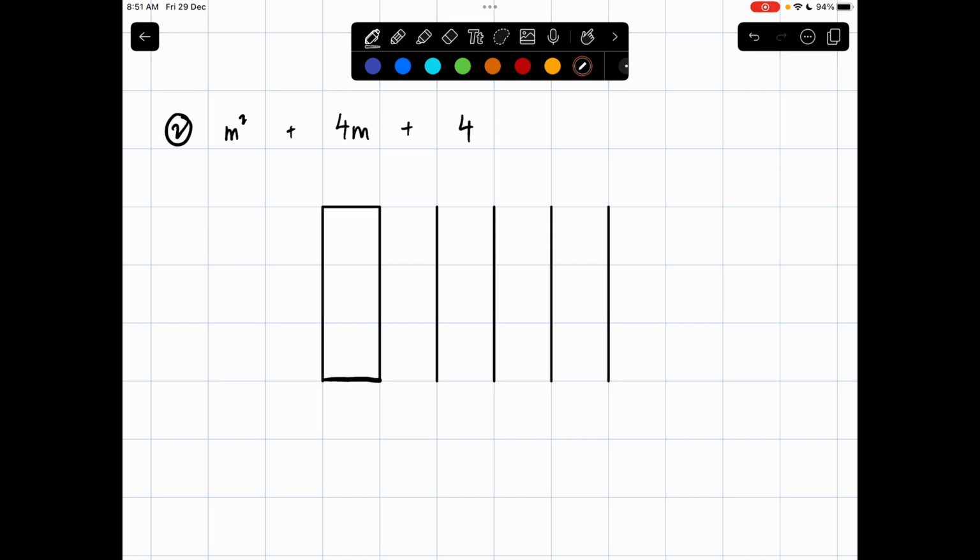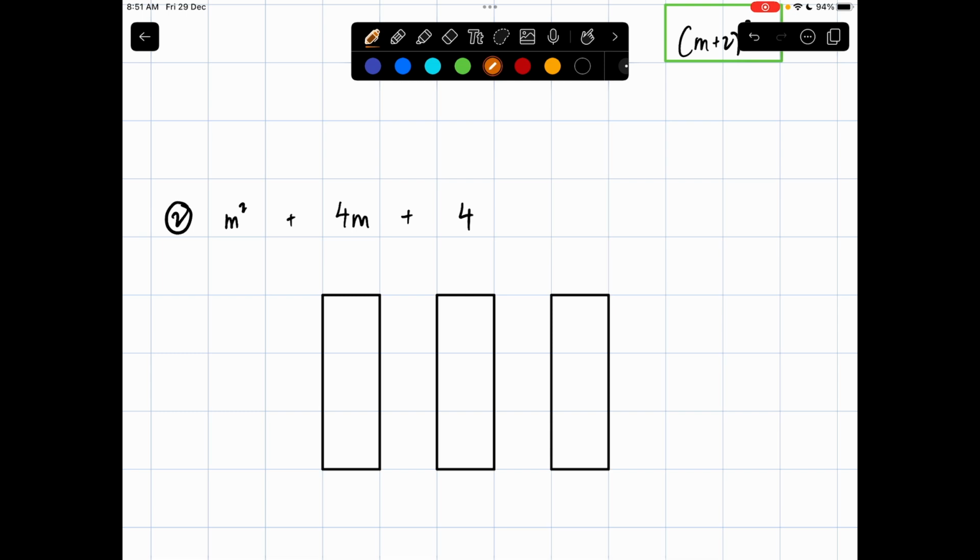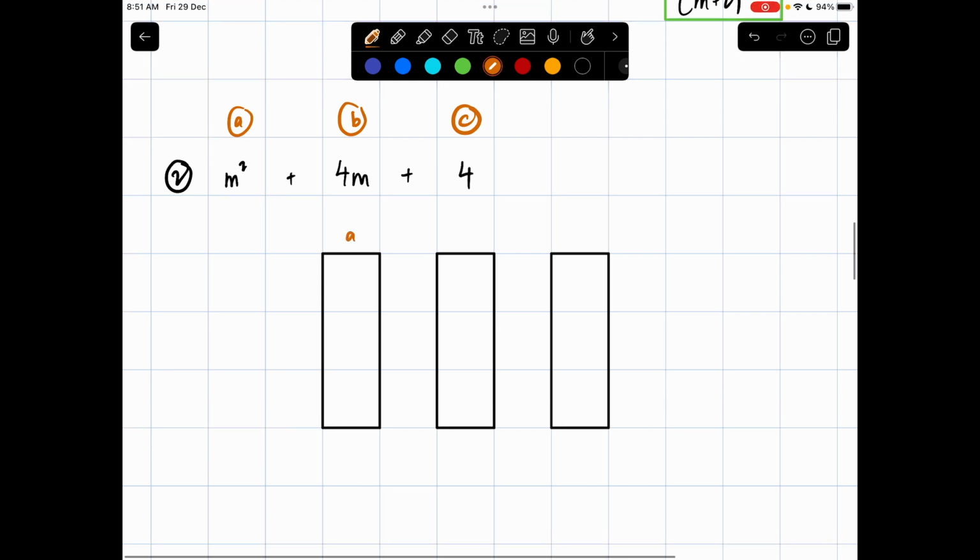I will put this so that you can differentiate the numbers easily. No worries, I'll use different colors so that it's clear. Okay, so we have three boxes. Just for reference, I'll name this as A, B, and C. This will be A, this will be C, and this will be B. Just make sure to invert this position. Okay.